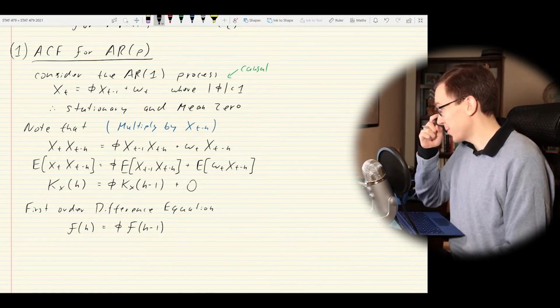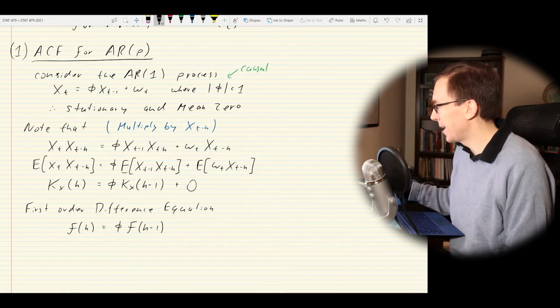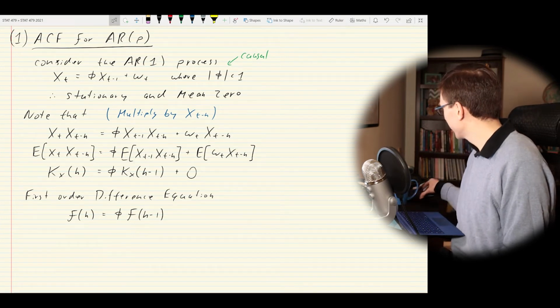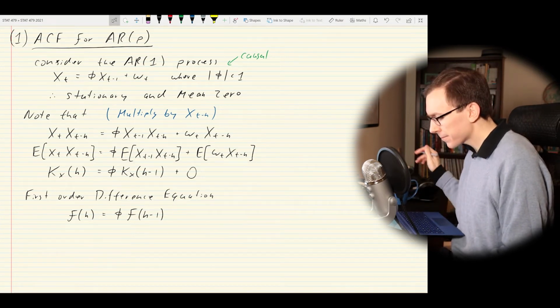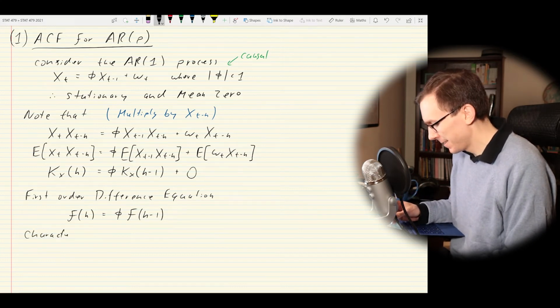For a first order difference equation, we also have a characteristic polynomial. Let me write that down: characteristic poly.